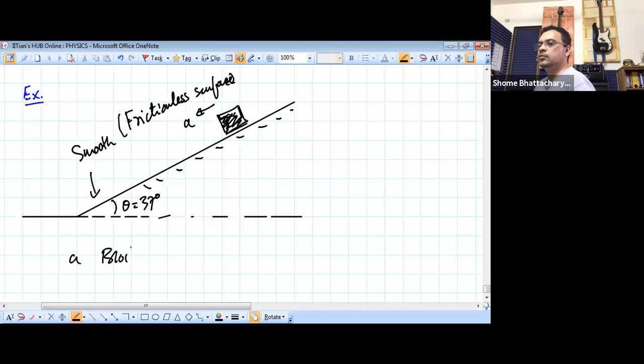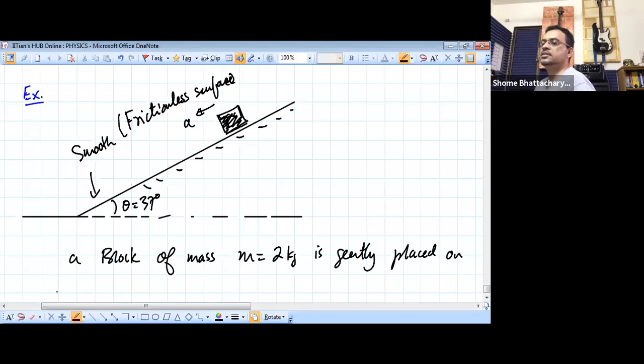So a block of mass, let's say 2 kilograms, is gently placed on the inclined surface and released.